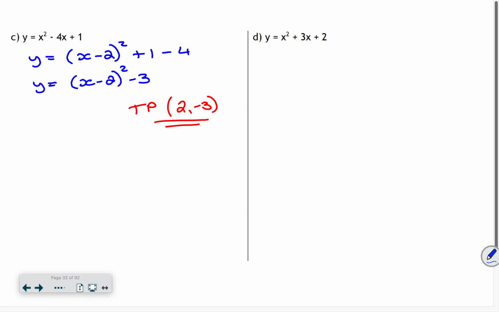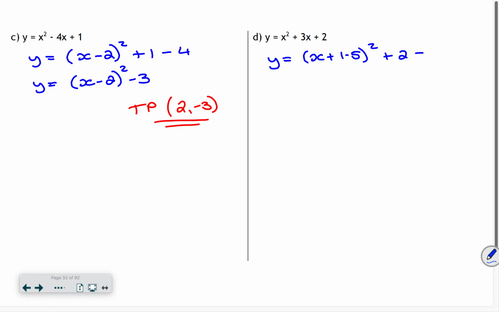And the last one. This is slightly trickier just because we're halving an odd number, so we're going to get some fractions here. We do the same thing, so it'll be y is equal to (x plus 1.5) all squared plus 2. Then I want to take away the square of 1.5. Either you would know what that is, or you work it out in a calculator.